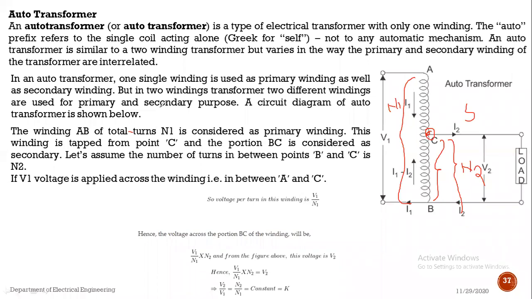So tapping is done on that winding, on the total number of turns, at point C. And the number of turns from C to B acts as the secondary side.